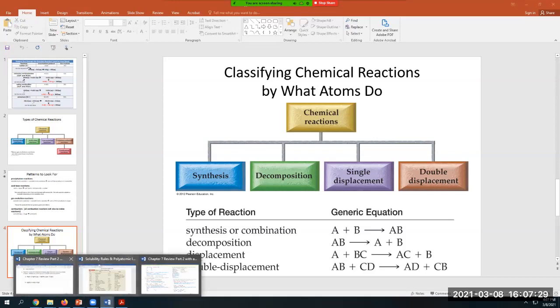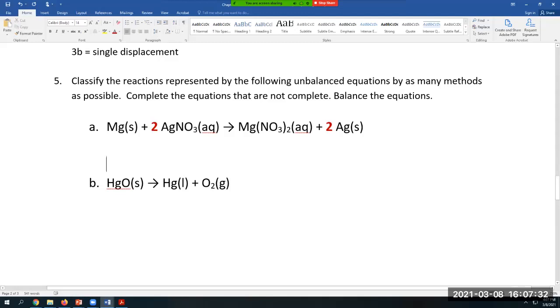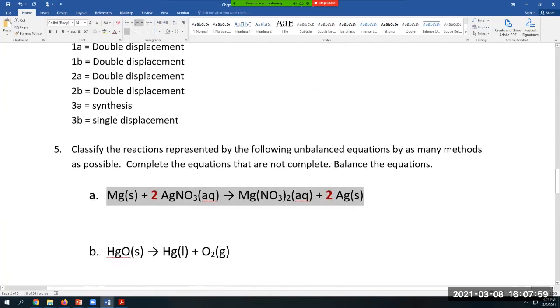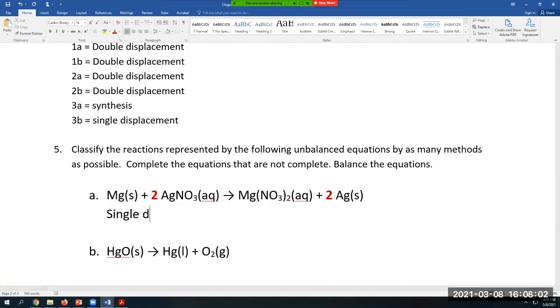Overall, we have magnesium, an element, plus silver nitrate, a compound, and then we get a new compound, magnesium nitrate, and a new element, silver. So it is of the form for single displacement, A plus BC gives AC plus B. So we can already say that it's a single displacement. Single displacement is one way.